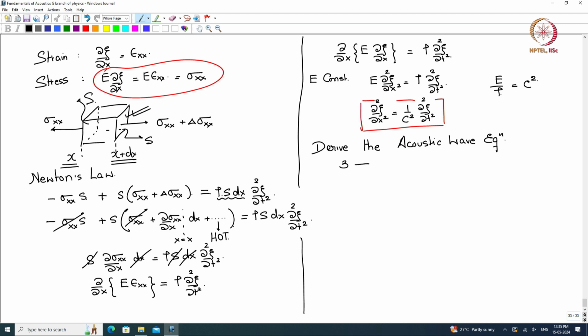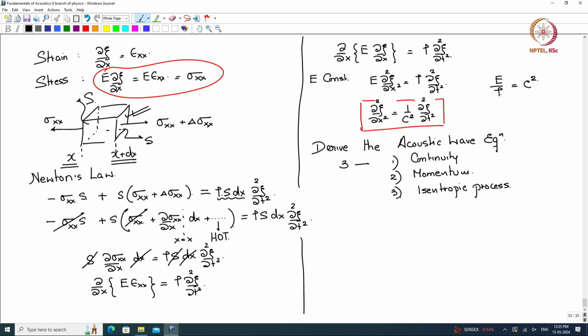Okay, so one will be the continuity, two will be the momentum conservation, and the third will be the isentropic process equation.